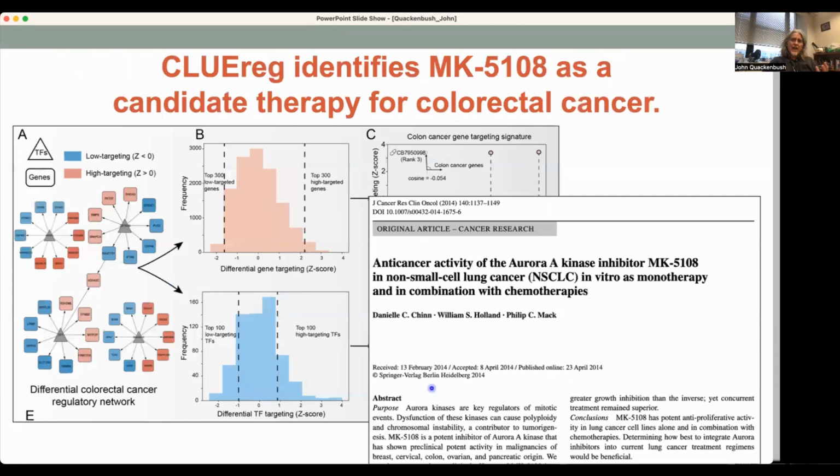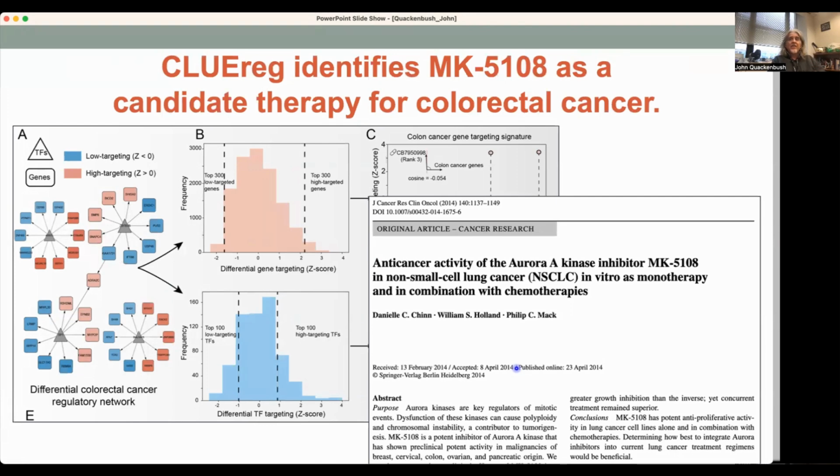So I'll just give you one really quick example. In looking at lung cancer, what Marouin discovered was that there was a drug that appeared to alter the regulatory patterns that appeared in lung cells. But that drug had only been tested as an aurora kinase A inhibitor in colon cancer cells. But what our model predicted was that these regulatory changes would in fact be produced in the same way in lung cells.